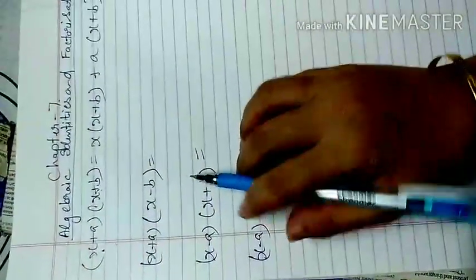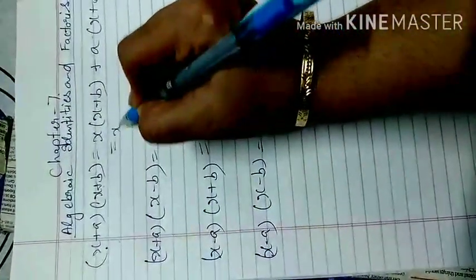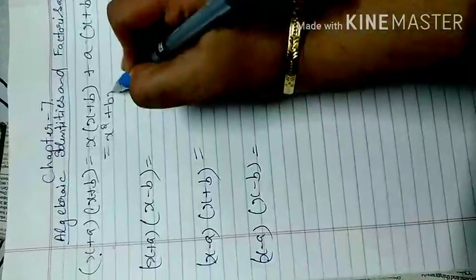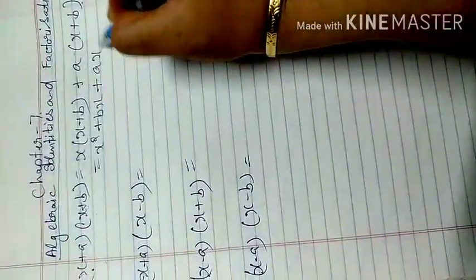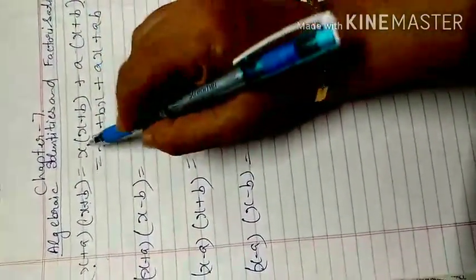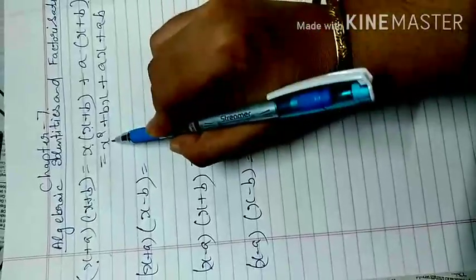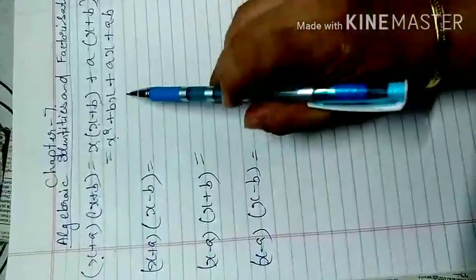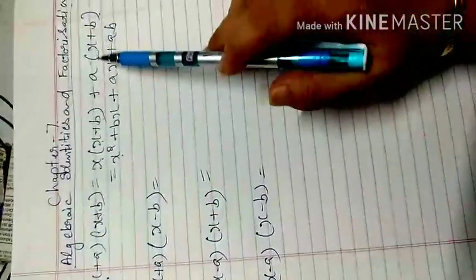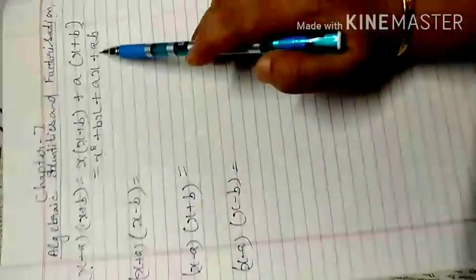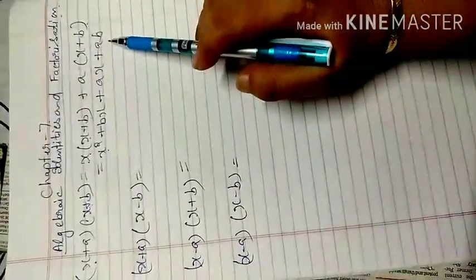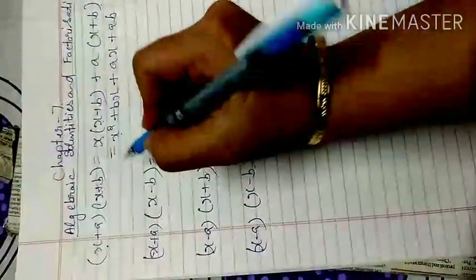When you multiply, you get x square plus bx plus ax plus ab. First x multiplied by x gives x square, x multiplied by b gives bx, a multiplied by x gives ax, and a multiplied by b gives ab.